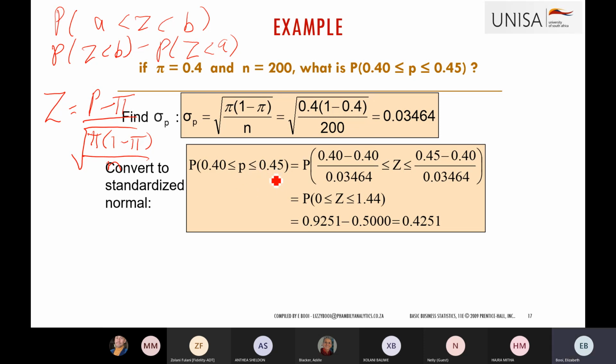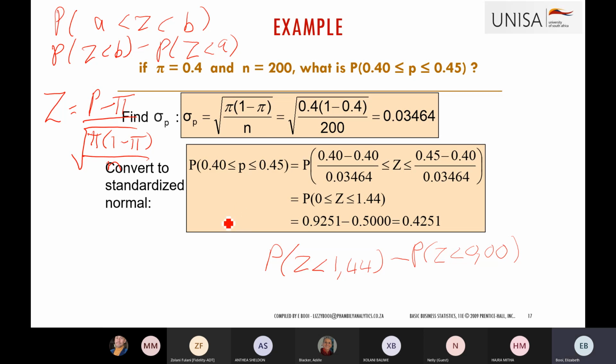Now I need to find the probability of Z less than 1.44 minus the probability of Z less than 0.00. Remember to keep it to 2 decimals.